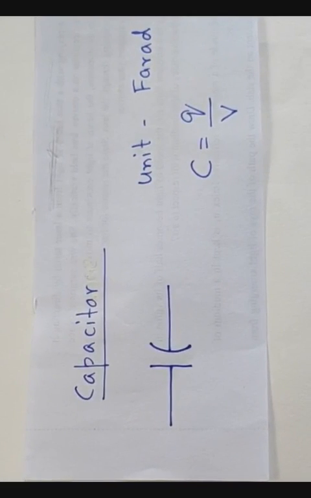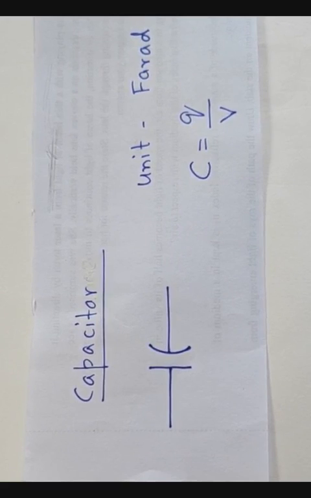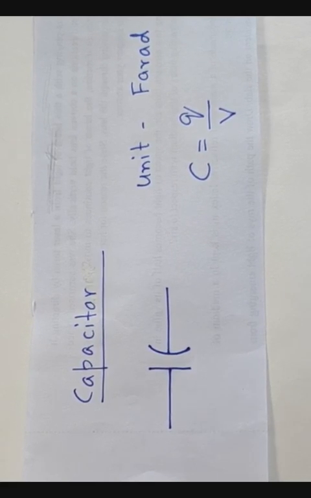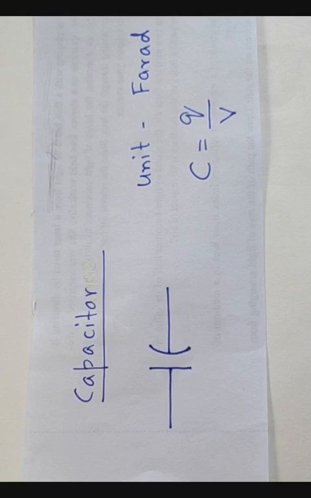The next one is the capacitor. Capacitance of a capacitor is defined as the charge stored per unit voltage change or potential difference change. You can see the expression C equals Q by V, or we can write it as dQ by dV, the rate of change of charge with respect to voltage. The expression is also written as Q equals CV.